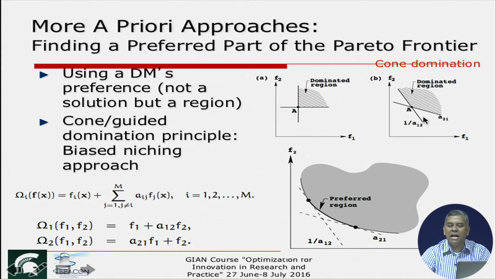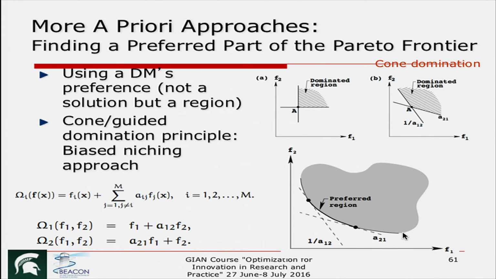Next processor, I do 45 degree here and maybe 30 degree here. So that will find the intermediate part. And the third one, I give horizontal and 30 degree here. So this is going to find this edge. So with 3 processors, I have now distributed my task of finding the whole front. Each processor will find only a part. Let them do it independently, and at the end I collect and I get the whole front.